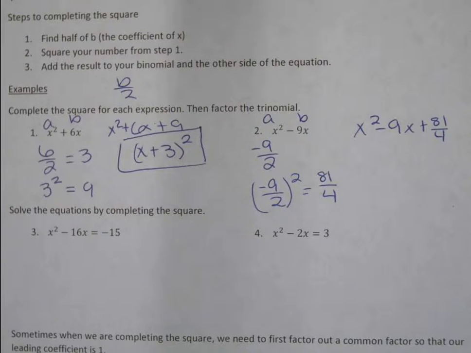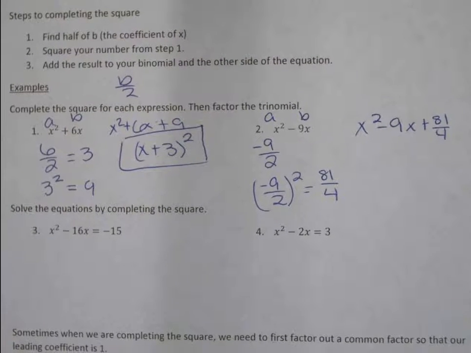What multiplies to 81 over 4 and adds to negative 9? Yeah? There's no 5. Oh, you got one?